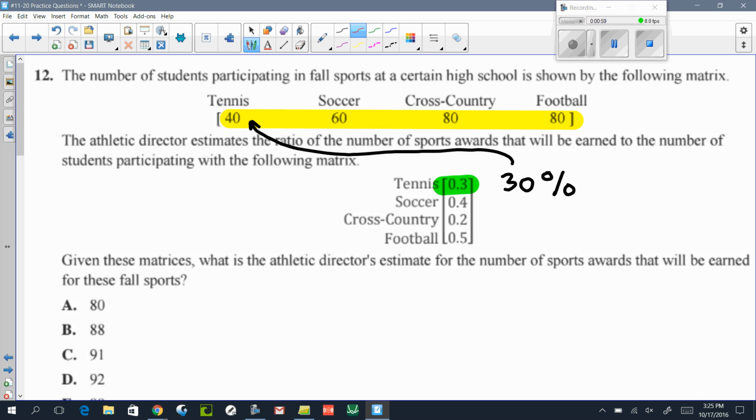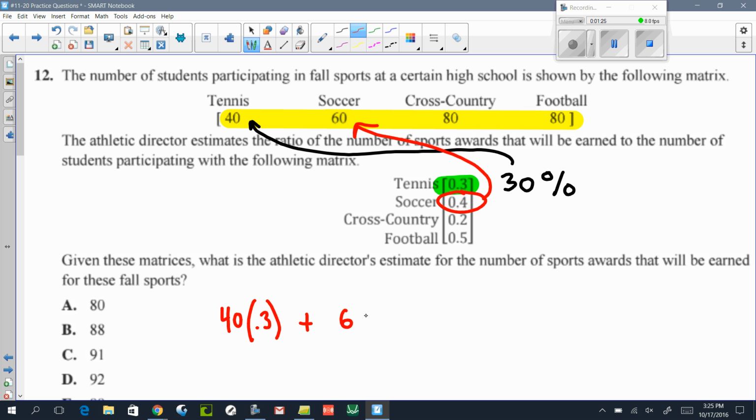It says, given these matrices, what's the estimate for the total number of sports awards that will be earned for all of these? So what we have to do here is figure out what is 30% of 40. In order to do that, we're going to take 40 times the 30% in decimal form, plus the students earning awards in soccer, which would be 40% of 60.